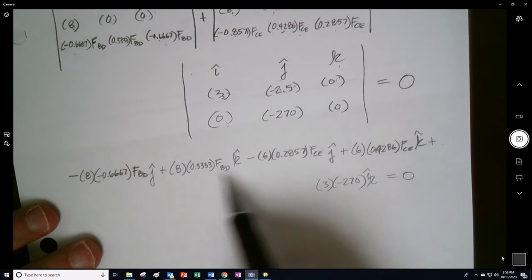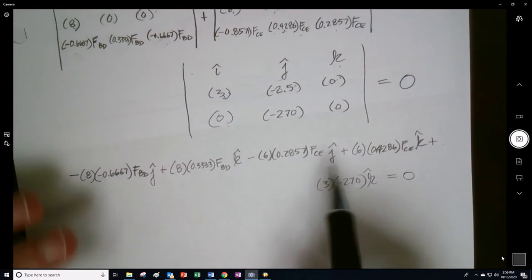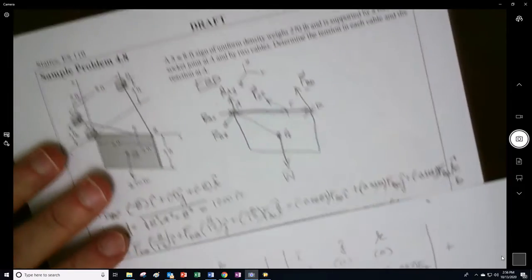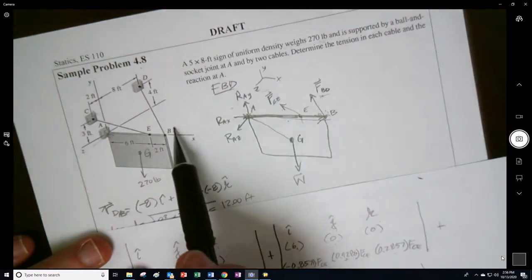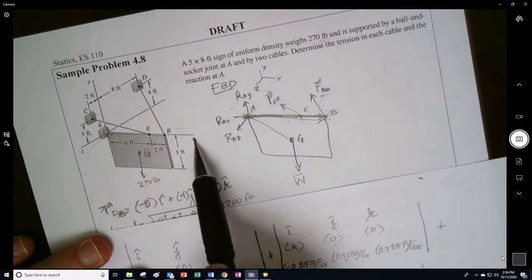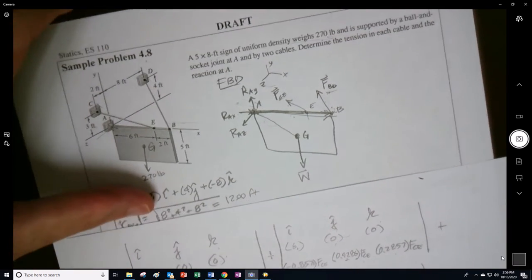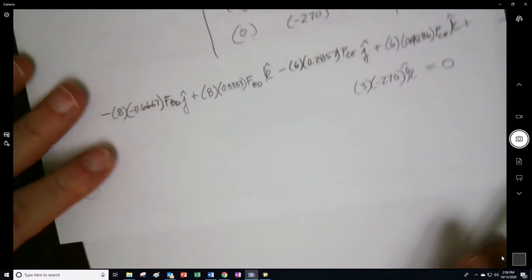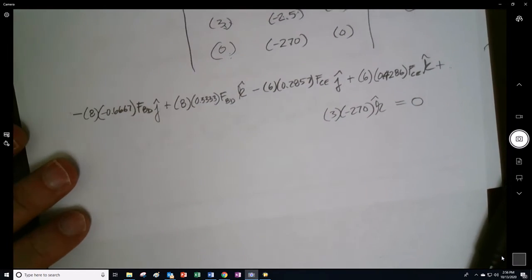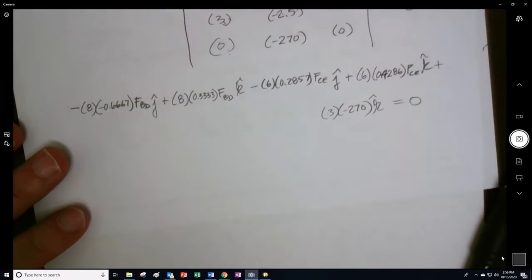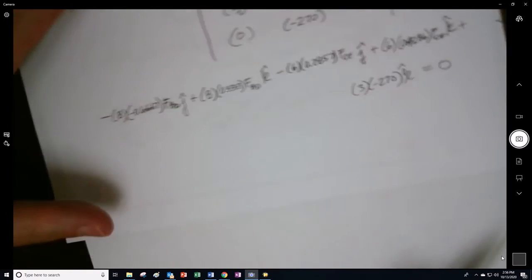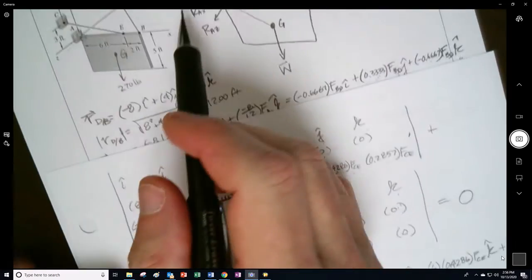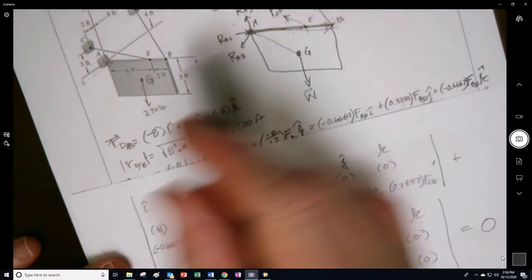Now there's no I's taking place, which kind of makes sense if you look back up here. There's nothing twisting about I. There's no reason for anything to cause a spin about I. There's no impetus. They should balance out. So no reason to worry about that. Also, all the forces in I all pass through A anyway.